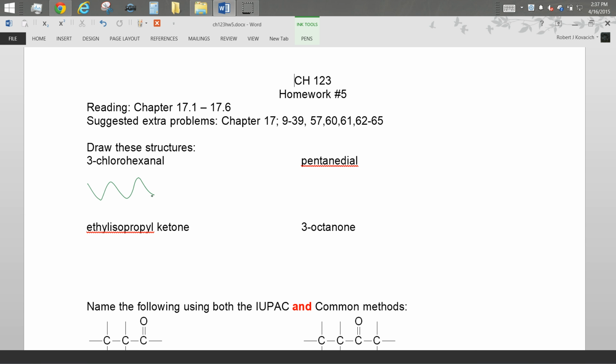Chlorine, you need an aldehyde on the end and a chloral on... Are we okay with that? If you want to put an H on the far side, that's fine. Don't need one since it's a line structure.